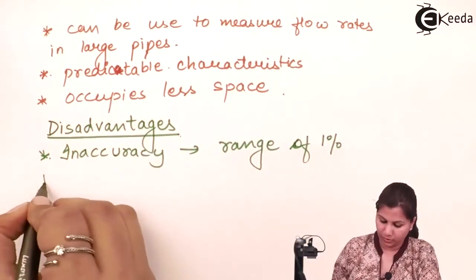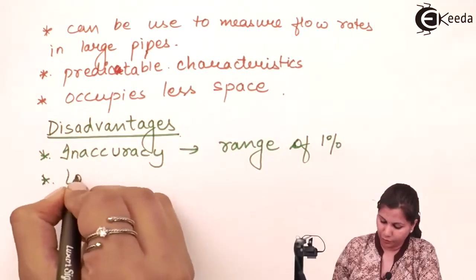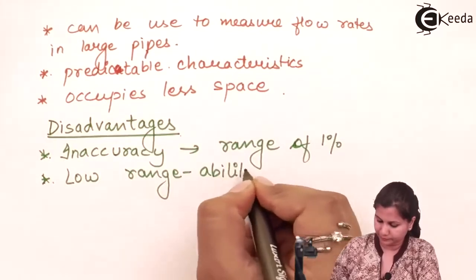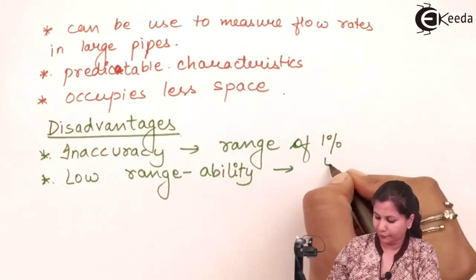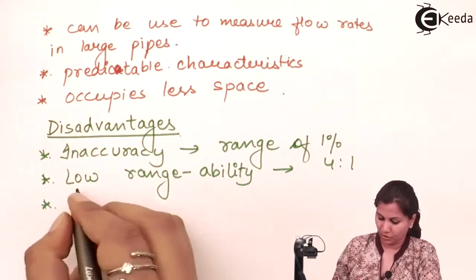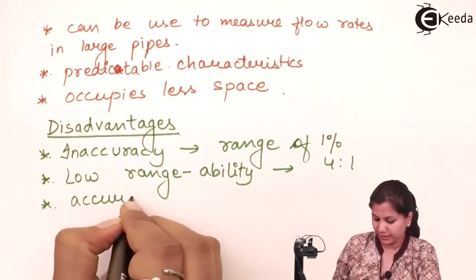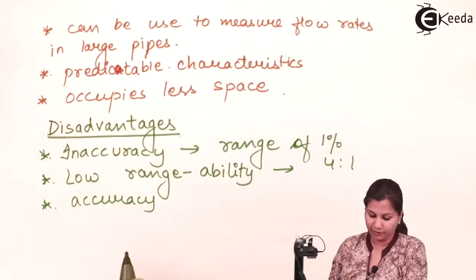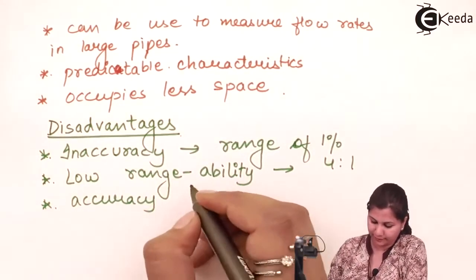Also, they have low rangeability, typically 4:1. Also, their accuracy is affected by the density, pressure and the viscosity fluctuations.